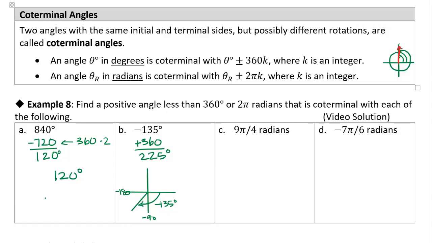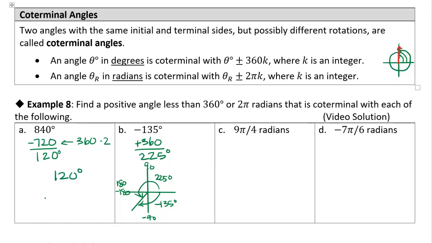We can see that positive 180 is coterminal with negative 180, and if we add 45 degrees to positive 180, we'd be at 225. So 225 is measured in the positive direction, and the two angles are coterminal with each other. That's just a little visualization of what this looks like. So the answer is 225 degrees.